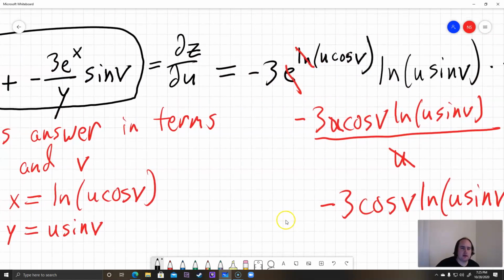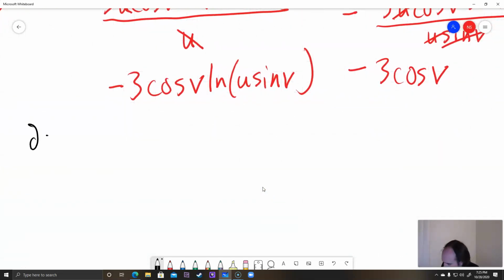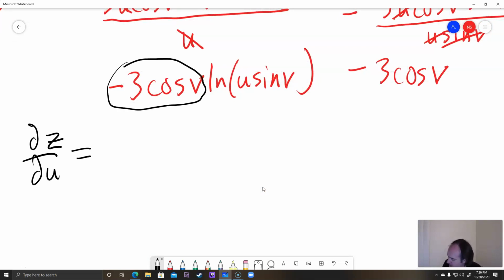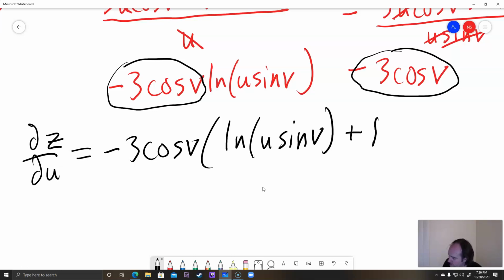So what we got here is partial z partial u equals, well, if we factor out the negative 3 cosine of v, we're going to have negative 3 cosine of v times the quantity ln of u sine of v plus 1, because there's still a 1 left over. All right, and believe it or not, that's exactly what they have written on my MyMathLab. So we did it all right.